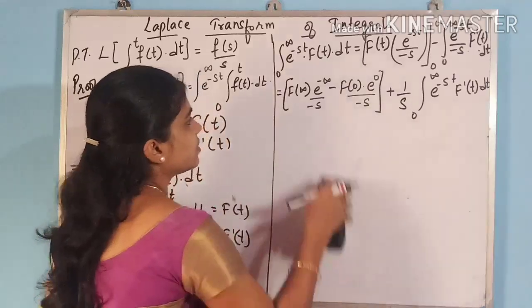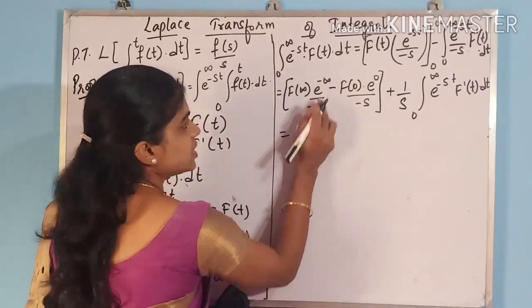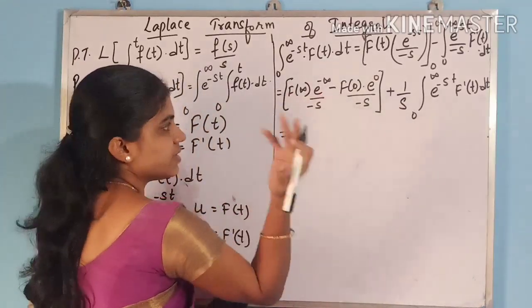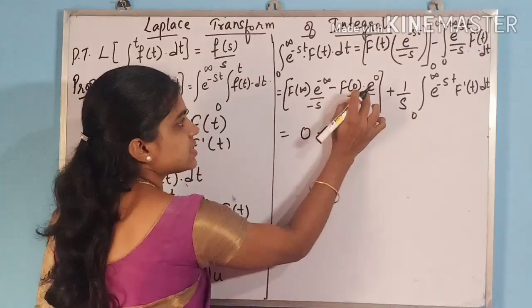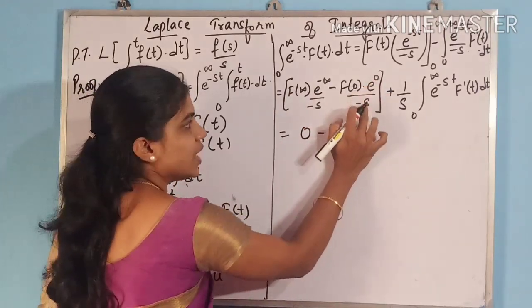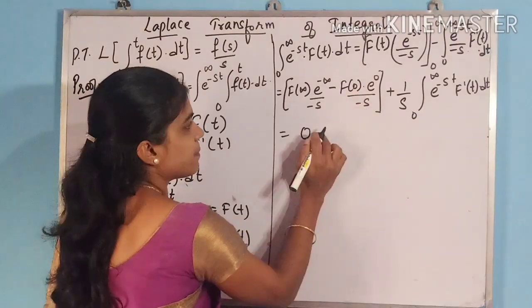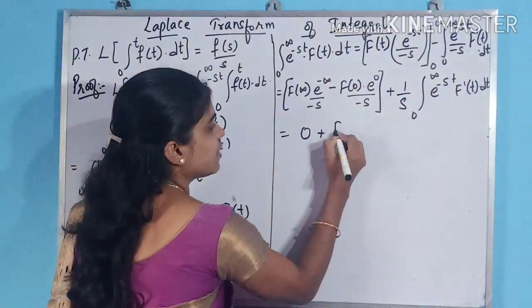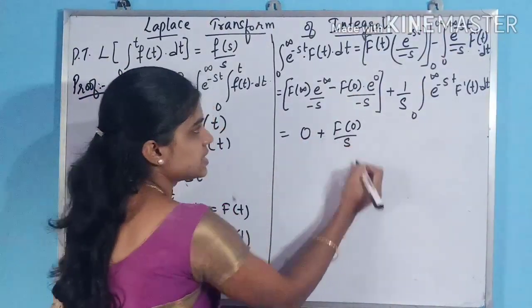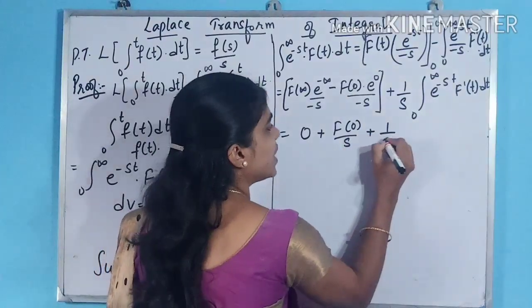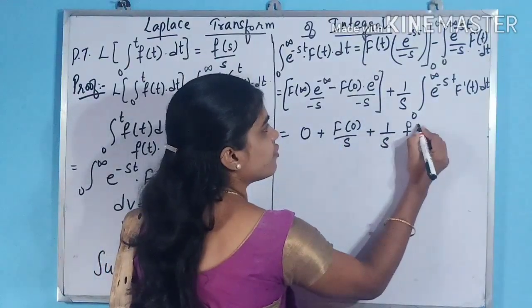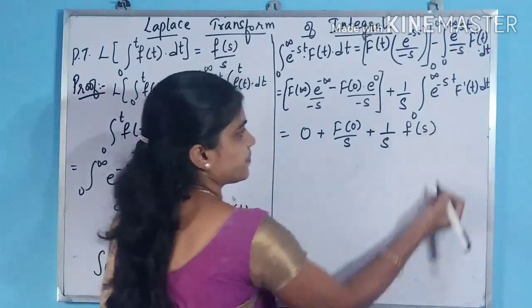Now what about this? e raised to infinity is 0, 0 divided by anything is 0, minus e raised to 0 is 1, 1 divided by minus s. Minus of minus is plus. So F of 0 by s plus 1 by s F of s.